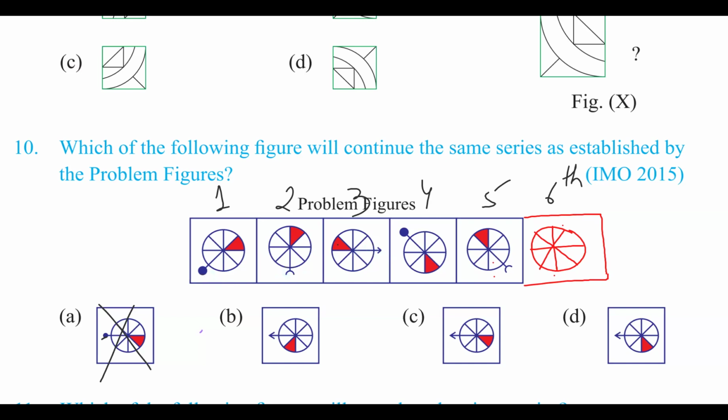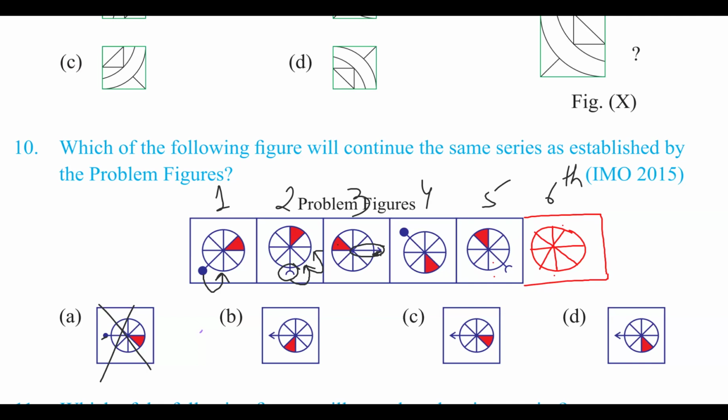In the first one, the circle moved 1 step towards the left on going from the first figure to the second. Now from the second figure to the third, let's see. Now it has come to this point. On reaching this point, how many steps is it moving in the anti-clockwise direction? 1 and 2. 2 steps. And then an arrow over here.